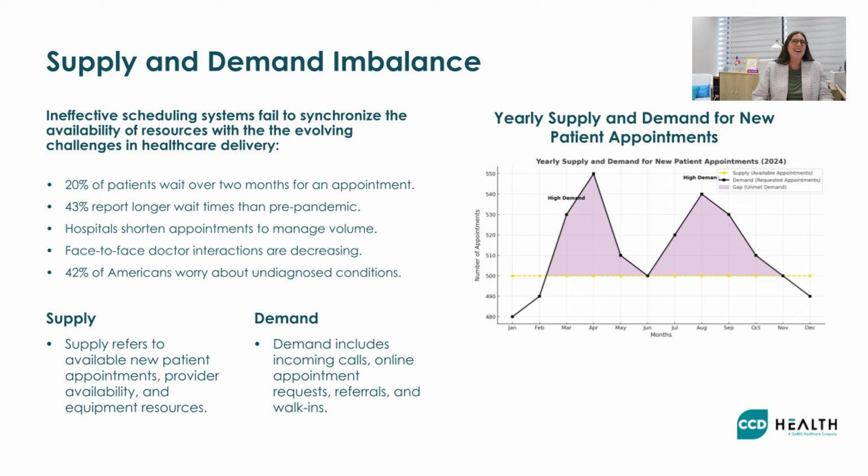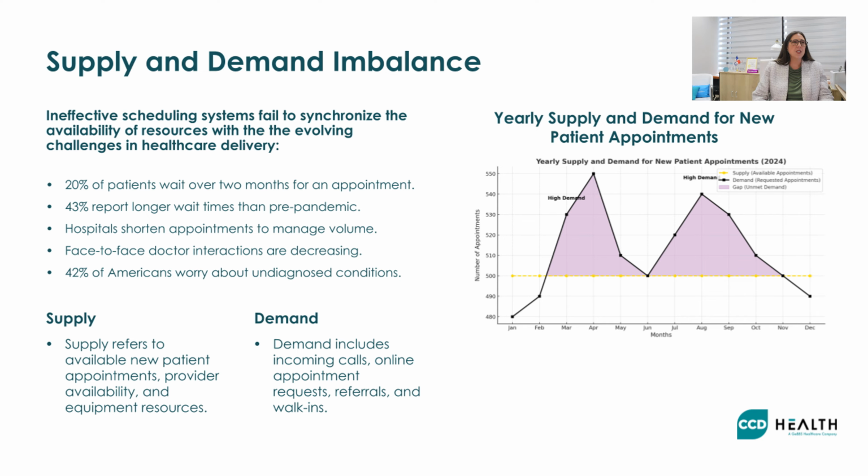Okay. When we look at this graph, the supply is in the gold dashed line. This is going to be an assumed constant. So it's about 500 slots per month due to this fixed provider capacity.